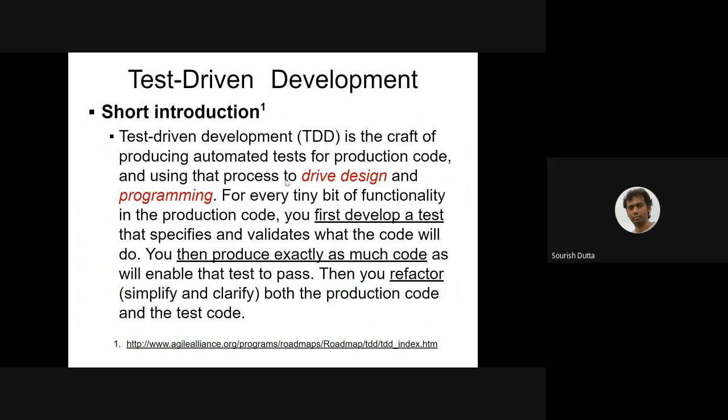So just to simplify the definition, you write test cases which drive your design decisions and implementation structure. After you write your test cases, they are going to fail because there is no implementation present. You write enough implementation to make each functional point pass, one by one. You don't write all the test cases in one go.